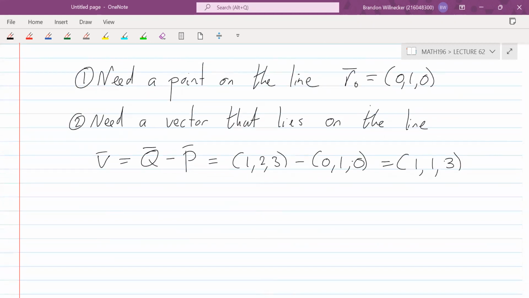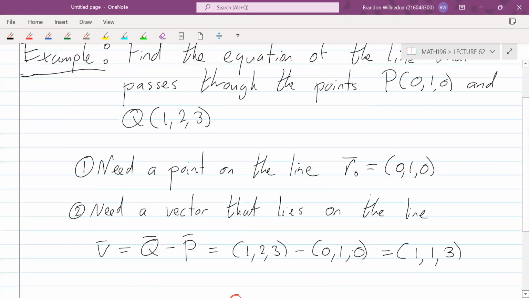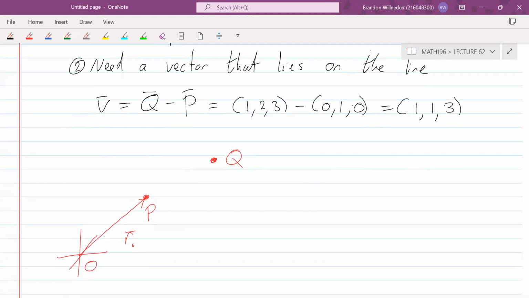So it would be something like this if you wanted to draw a rough picture. We've got, let's say, P over here, Q over here, and let's say our origin O is over here. We've got our R naught that goes to P, and then we've got our vector V that goes from P to Q. So that's V. And if we take scalar multiples of V, that will give us any point that goes along this line.